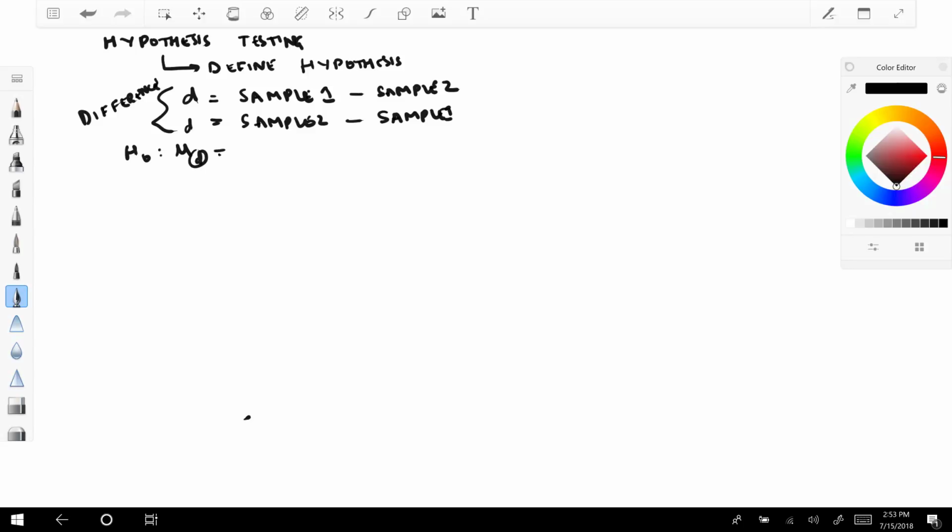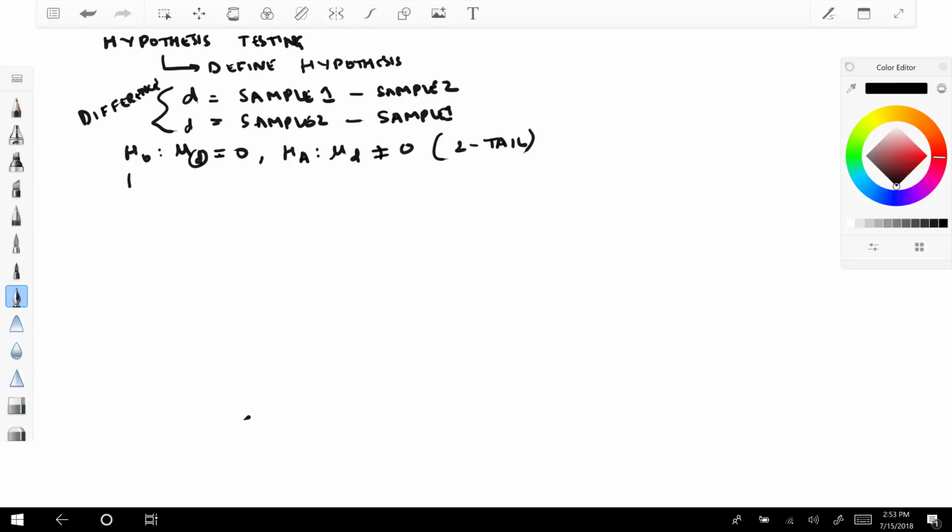The alternative would be mu d not equal to 0. As you know, this is a two-tailed test because we can test on both sides.